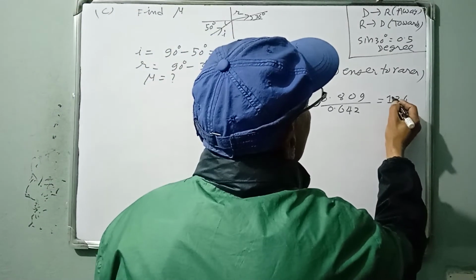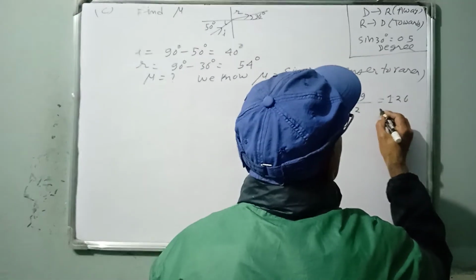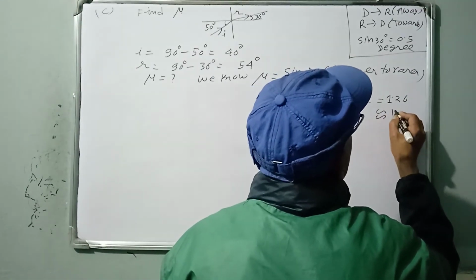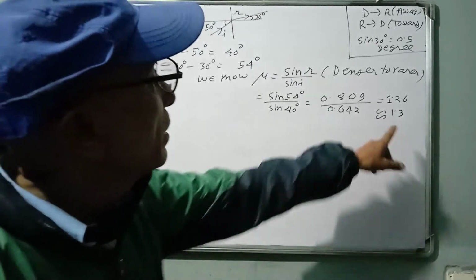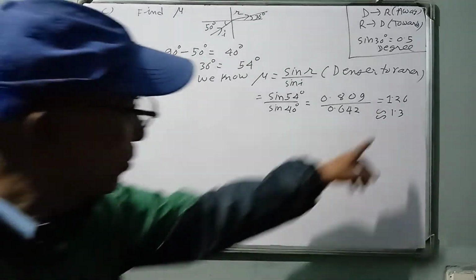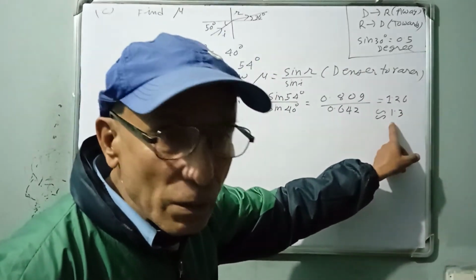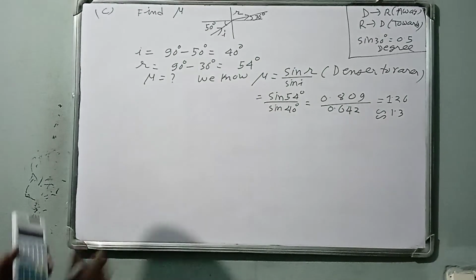So you can write 1.26, or nearly you can write 1.3. This is nearly 1.3. You can write 1.26 accurate, or nearly 1.3 is also correct.